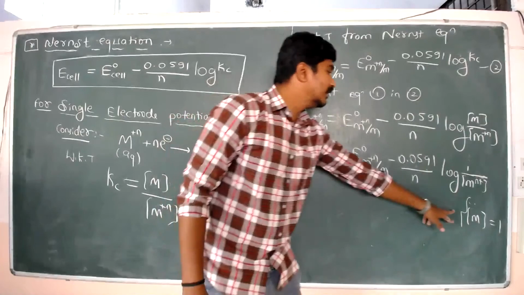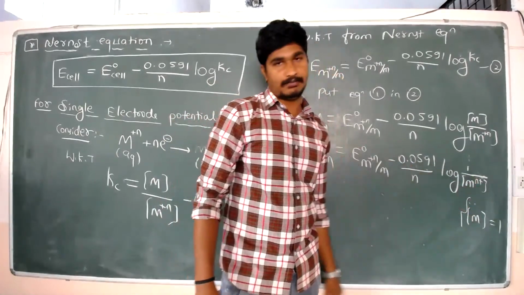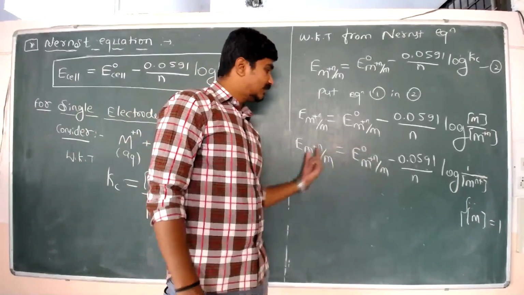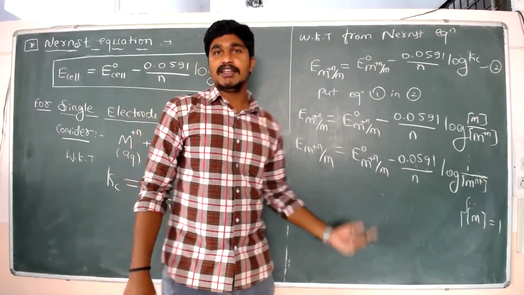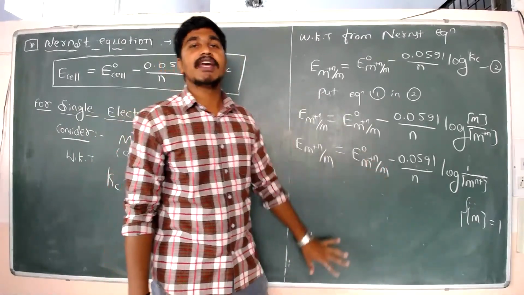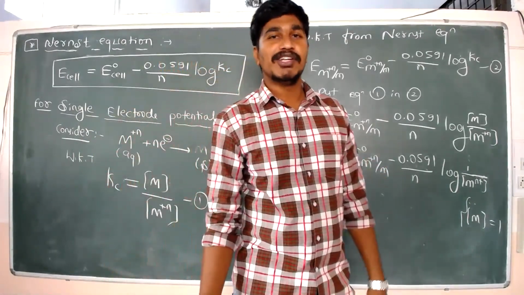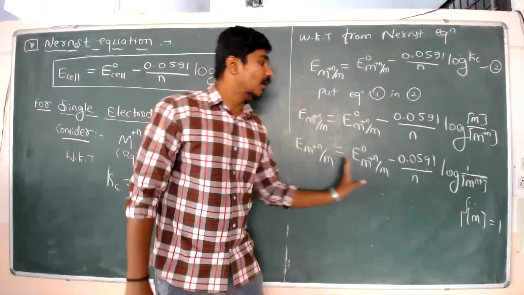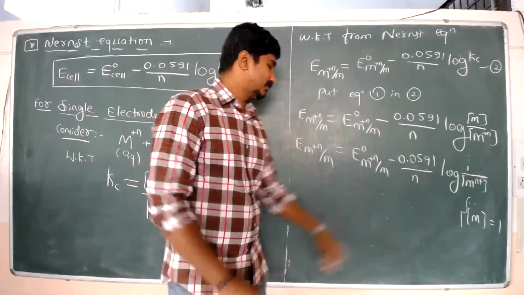After putting this in, it becomes 1 by [M^n+]. This is the Nernst equation for the single electrode. By using this equation, you can calculate the reduction potential or electrode potential of any half cell.